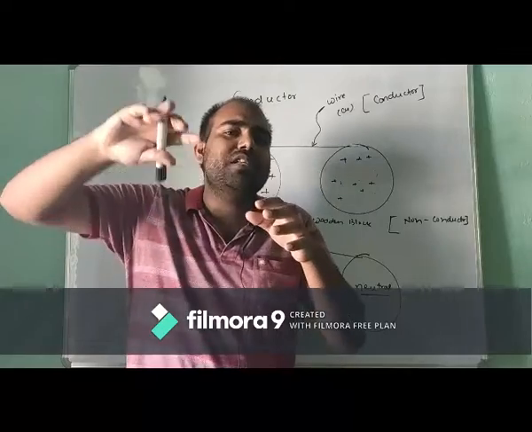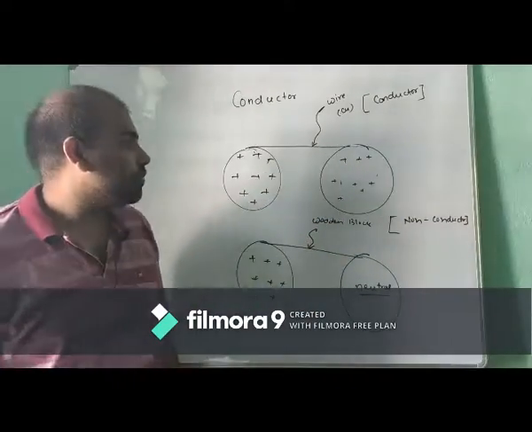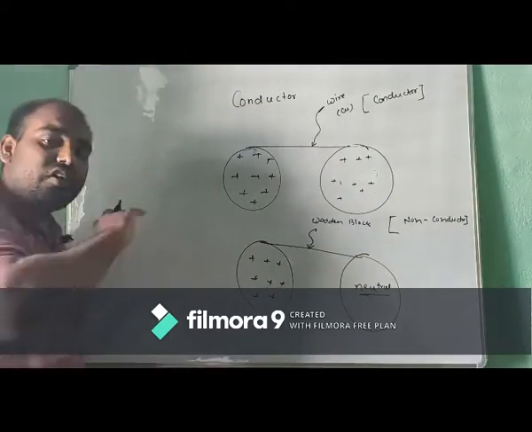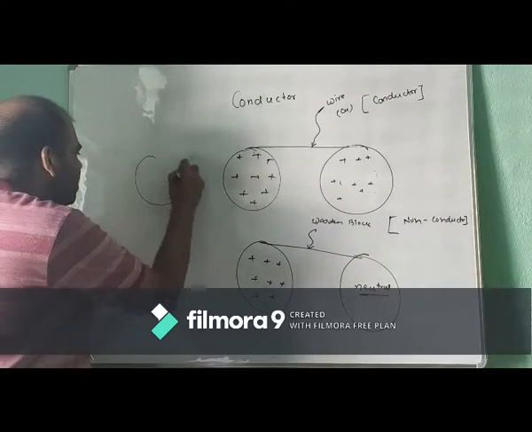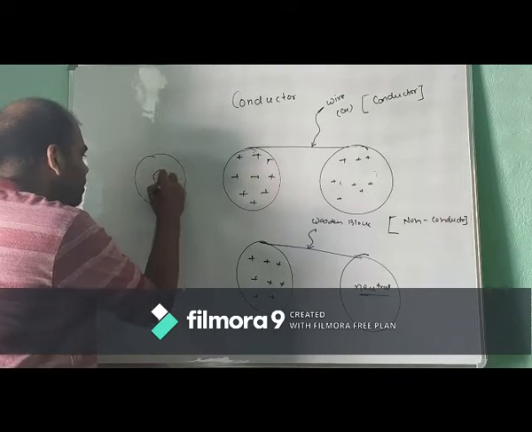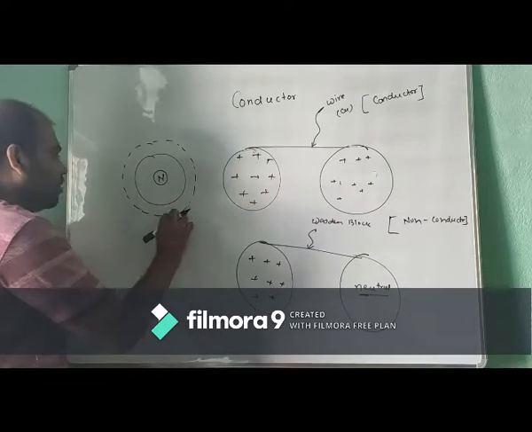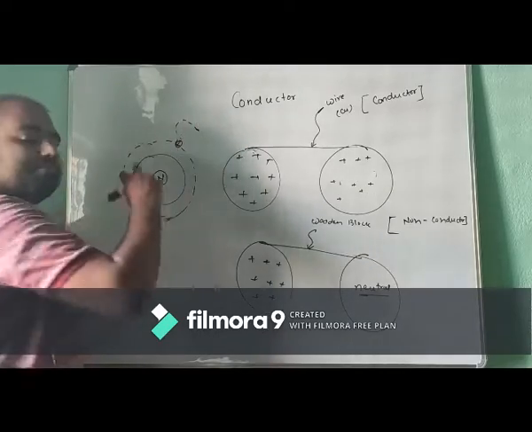The electron which is present in the outermost shell is known as the valence electron. Now, in a conductor, these valence electrons are free to move in the material. Suppose this is a conductor, this is a nucleus, and I am drawing the valence electron. These valence electrons move inside the material.